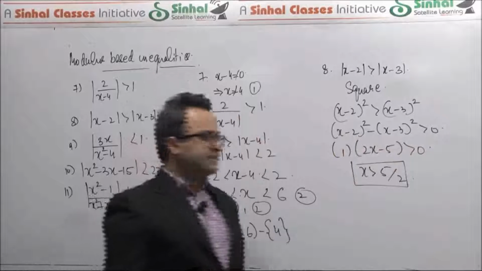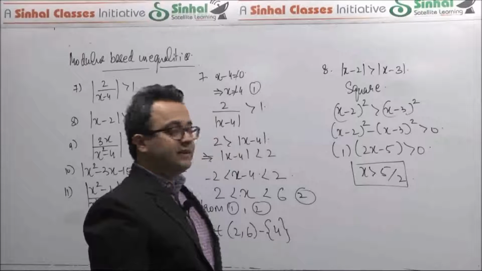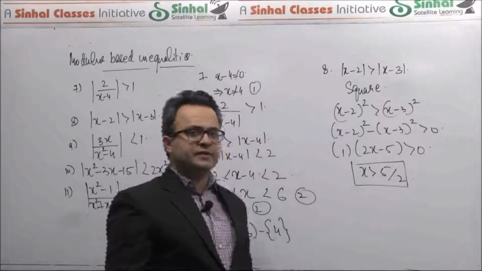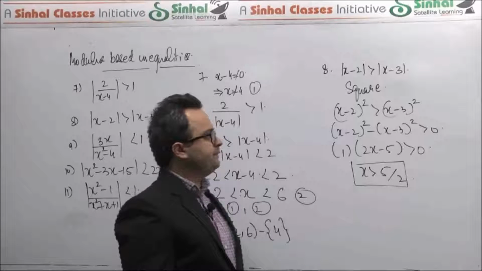So I easily get my answer as the set 5 by 2 to infinity. But then again, it is important to note that the squaring over here is possible because you know that both sides happen to be positive.